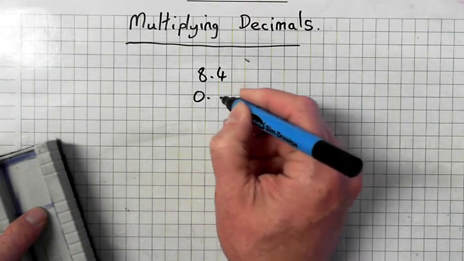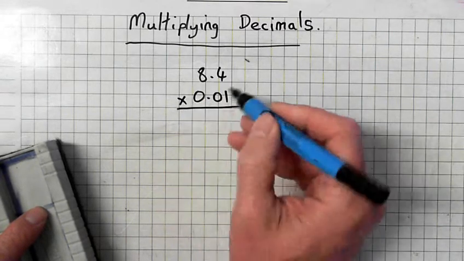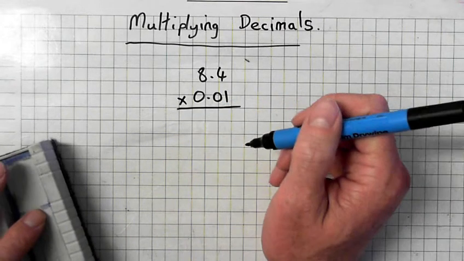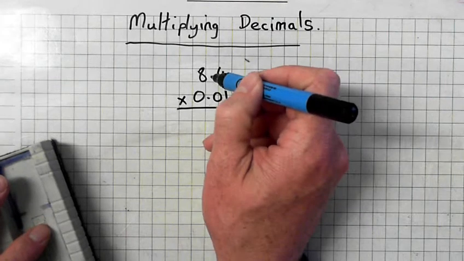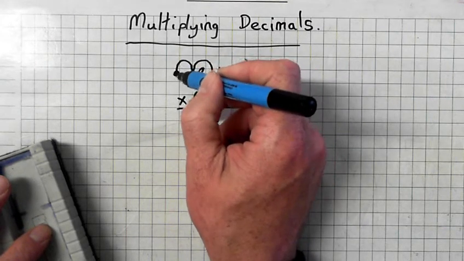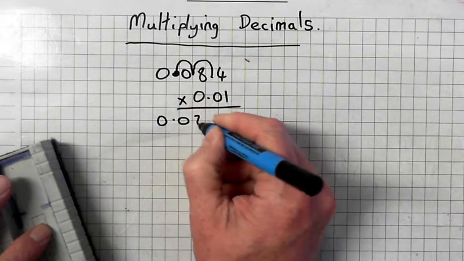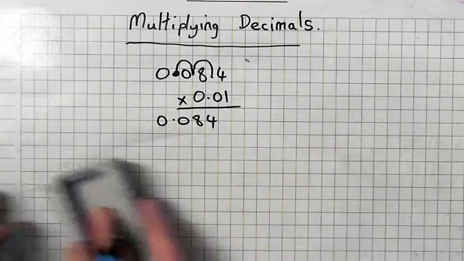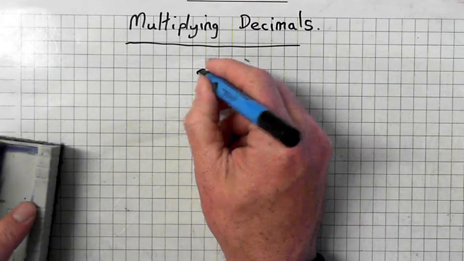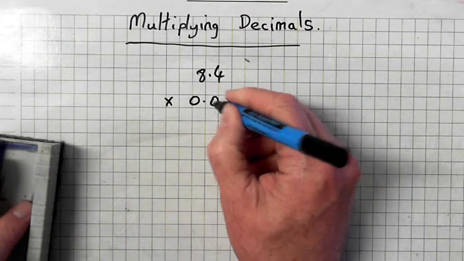So then what happens if I multiply by 0.01? How many zeros do you see in this decimal? 2. So I'm going to move the decimal point 1, 2. 0.084. That's right. And again, 8.4 I multiply by 0.001.